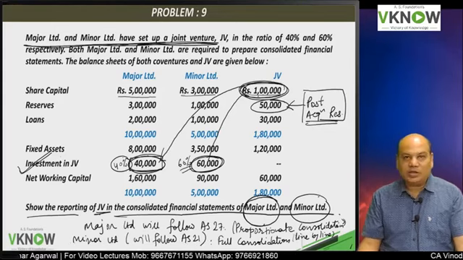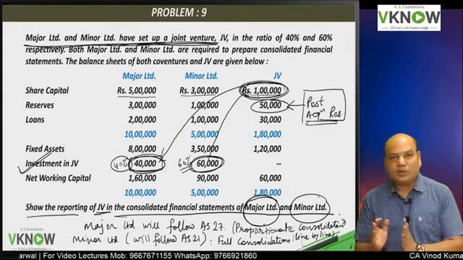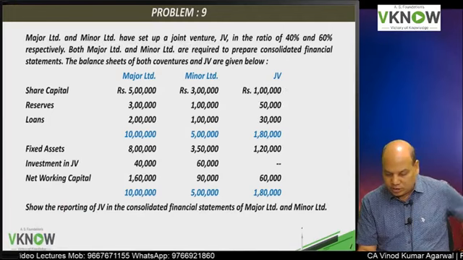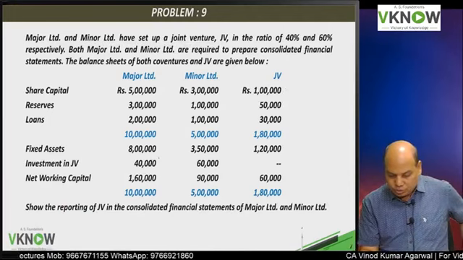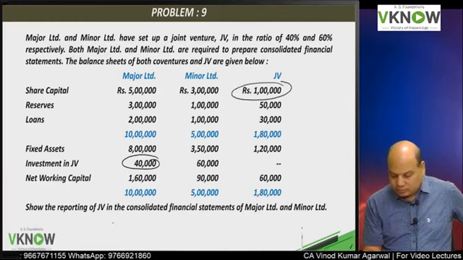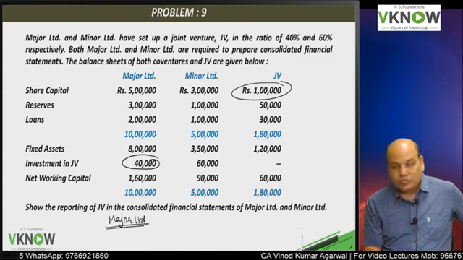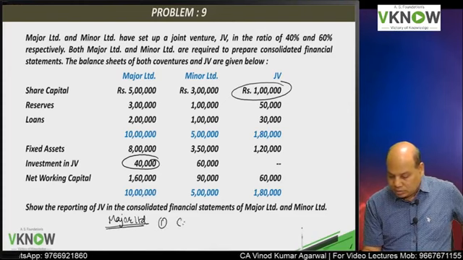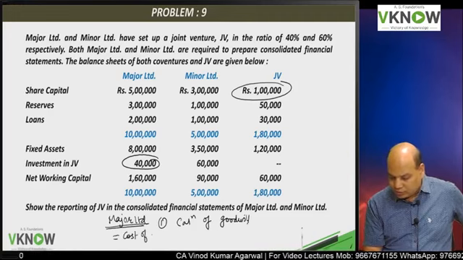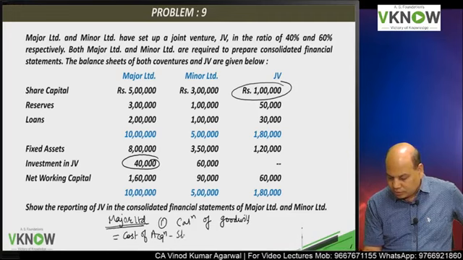So first I am going to explain what Major Limited is going to do. Major Limited will first compute goodwill, but there is no goodwill. In the books of Major Limited, calculation of goodwill will be equal to cost of acquisition minus share in net asset.